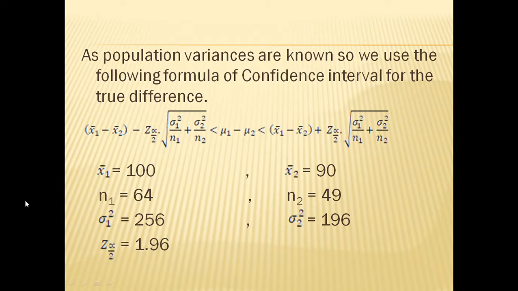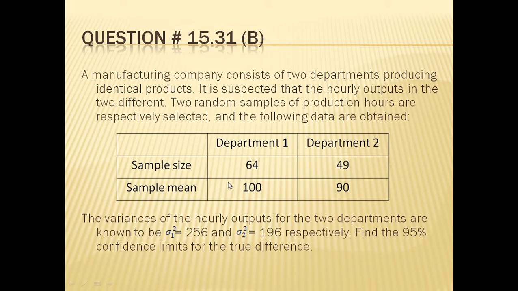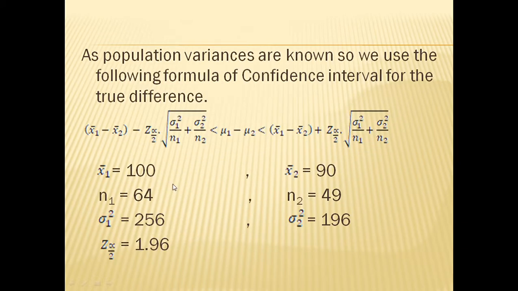Now first of all we will write the data which is given to us. X bar 1 is 100, x bar 2 is 90. As the data is given to us, accordingly we have written here, and z alpha by 2, I have directly written 1.96 because in the last lecture we discussed this in detail.